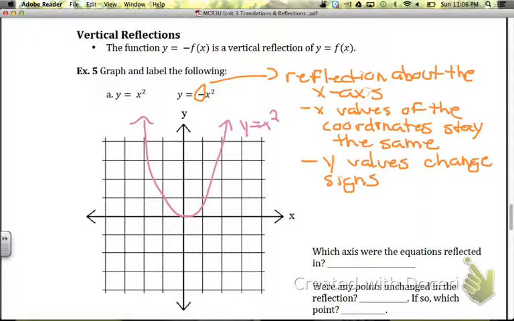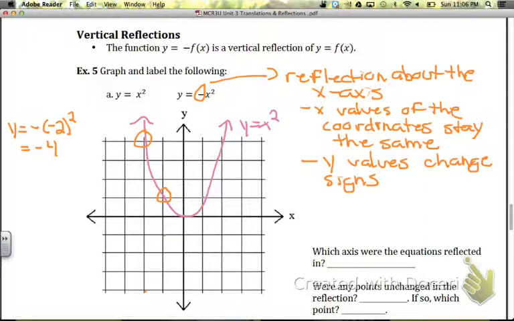So looking at our first point here, at negative 2, 4, that point now is going to be at negative 2, negative 4. You can see this if you were to put in y equals negative and put in our negative 2 squared. That squared is only applied to the negative 2. So we have the negative in front, which becomes negative 4. Similarly, our point here at negative 1, positive 1 will become negative 1, negative 1.